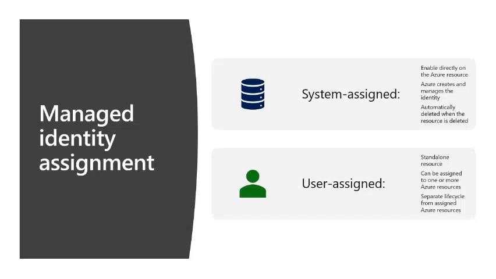After Azure creates the identity, it provides the credentials to the instance. The lifecycle of the system assigned identity is directly tied to the Azure service instance that it's enabled on. If you delete the instance, Azure automatically cleans up the credentials and identities in Azure AD.